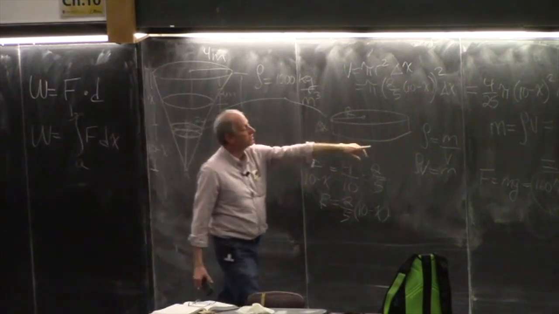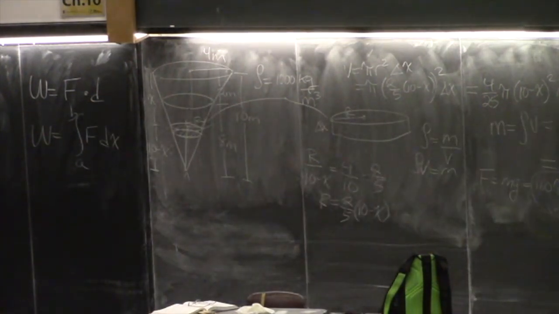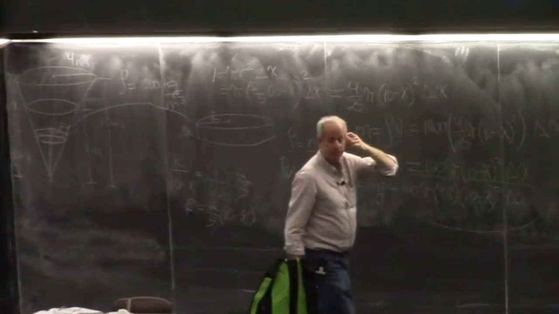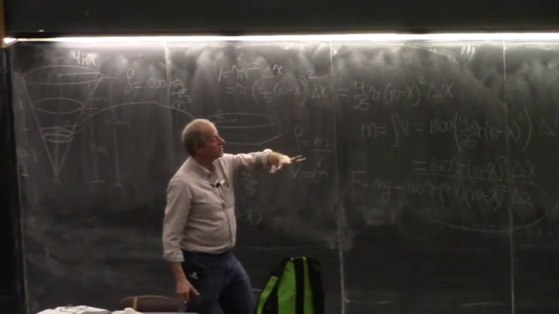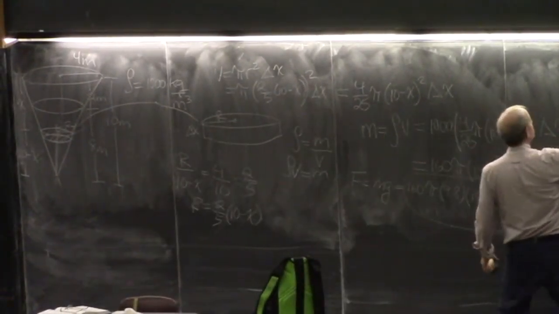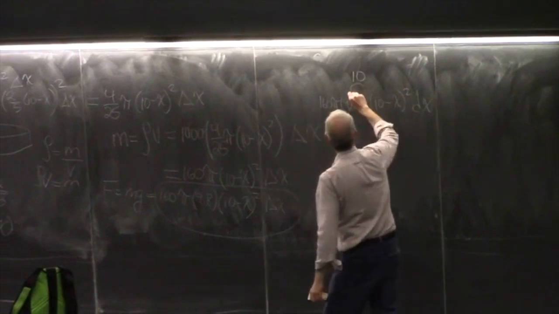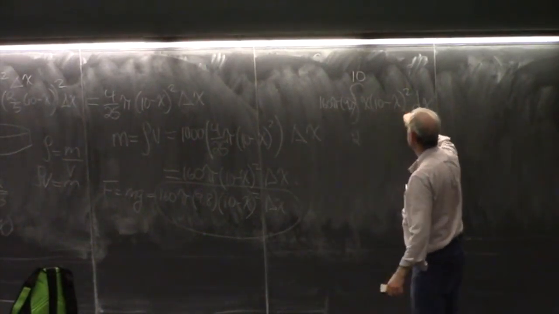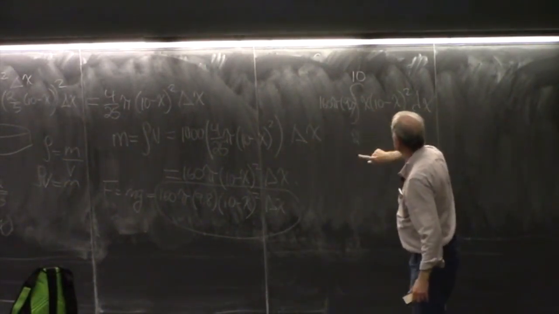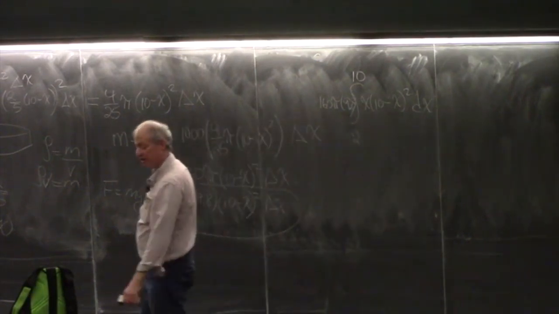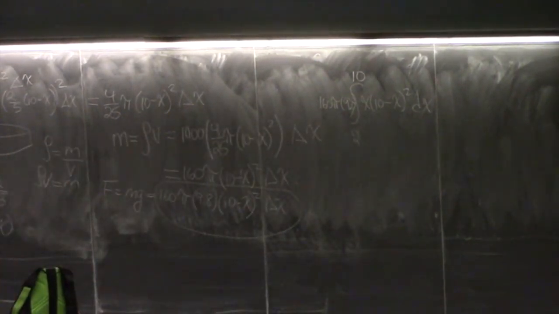So everything gets lifted from 2 meters all the way up to 10 meters for the very bottom of the water. And then it's force times distance. The force is 160 pi times 9.8 times 10 minus x squared, the distance is x, dx. When you work that out, you get about 3.4 times 10 to the 6 joules.